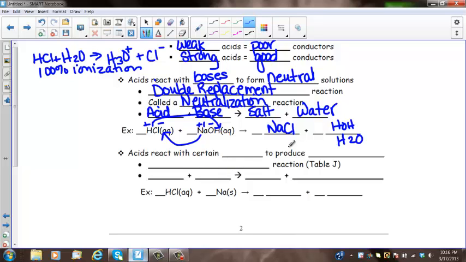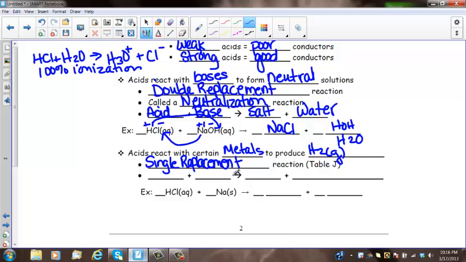Acids can also react with certain metals to produce hydrogen gas, H2 gas. This is called a single replacement reaction, and we already learned about these. We're just reviewing it again. And we use Table J to determine if the reaction is going to take place.